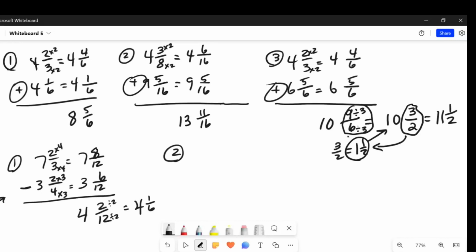Okay, let's look at number 2 in that group. We have 9 and 2/5 minus 1 and 3/30. 9 and 2/5 minus 1 and 3/30. What is my common denominator?